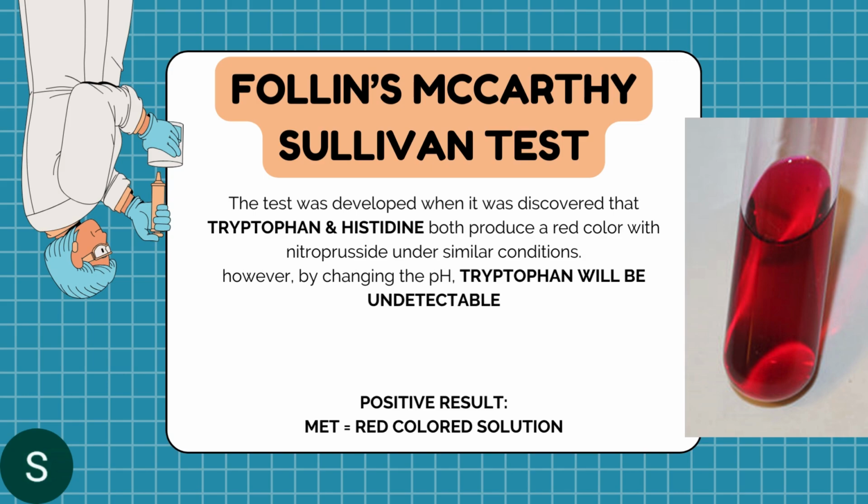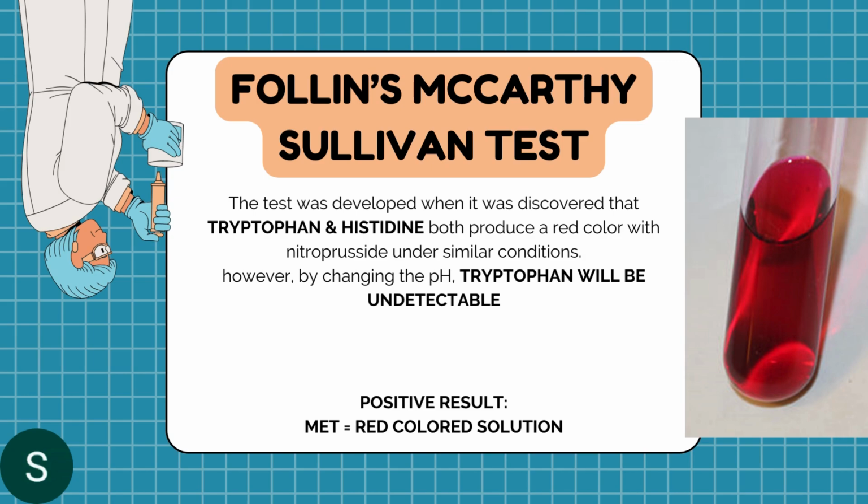It has been stated that the addition of glycine eliminates the detection of your histidine. Again, tryptophan will be undetectable by changing the pH, and the detection of your histidine is eliminated by the addition of glycine.